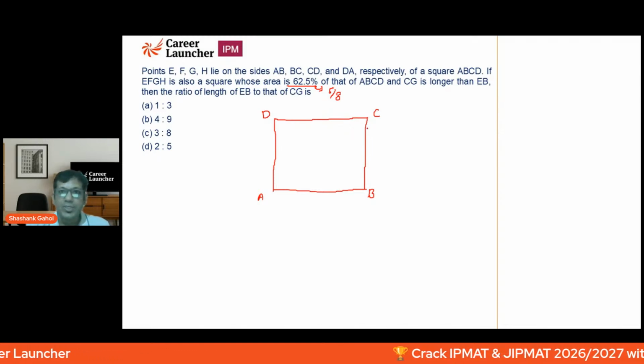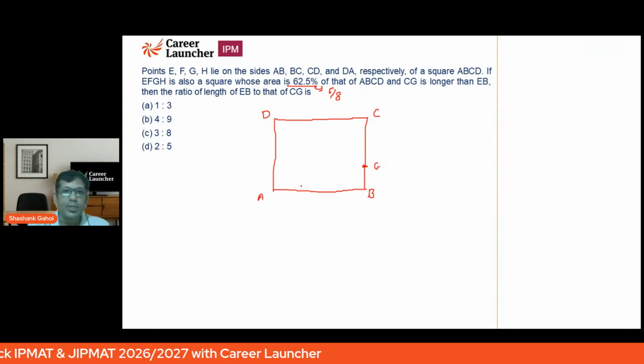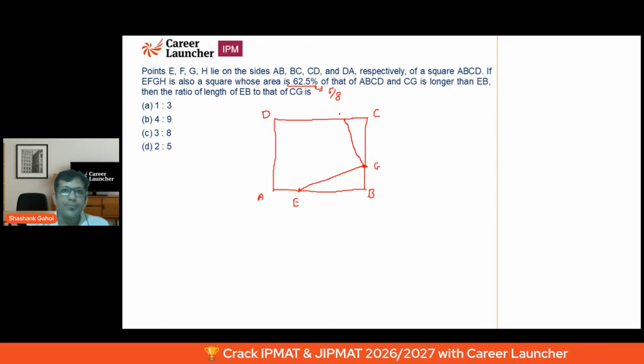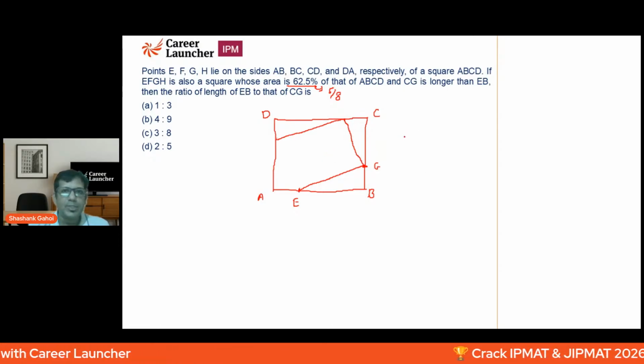So G is going to lie on BC. CG is going to be longer than EB, so E is going to be here. Okay, I think I made a mistake somewhere.